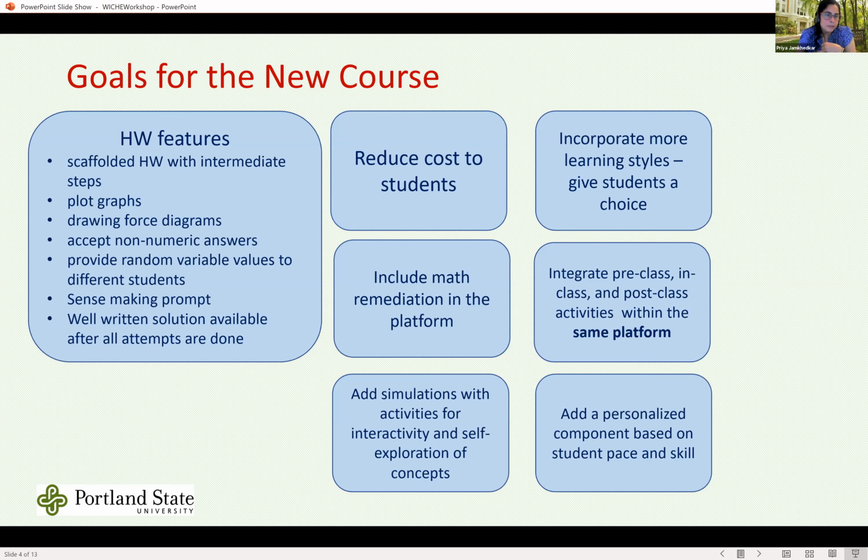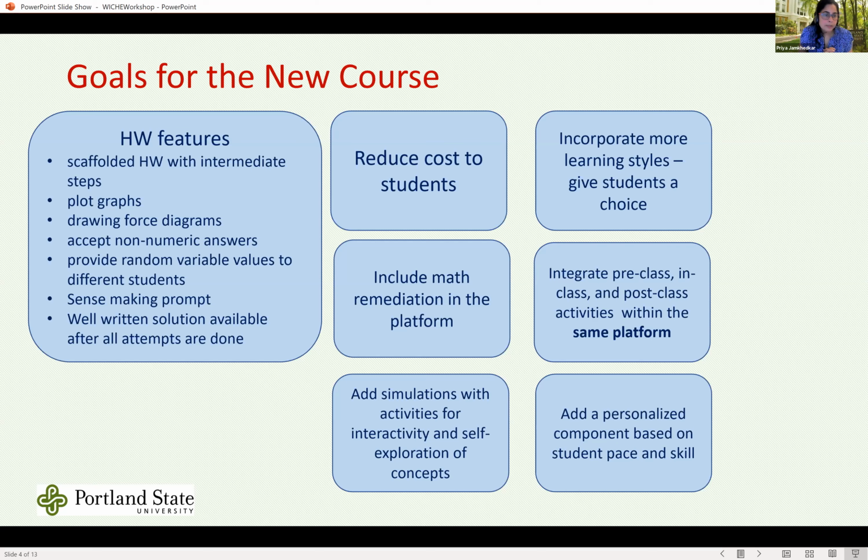And in physics, we have force diagrams or vector diagrams where they had to draw the forces with their directions and magnitudes on objects to analyze them. We wanted to have that in our homework platform so that students would know that this is an essential step when solving a physics problem.